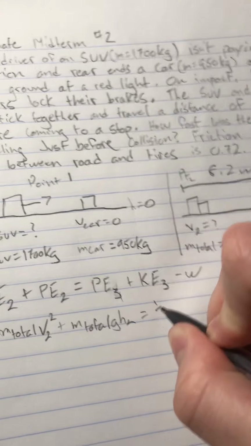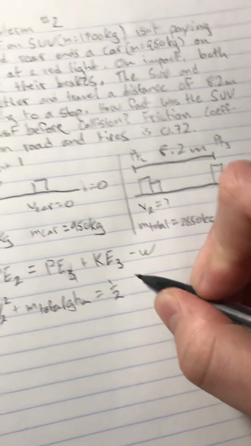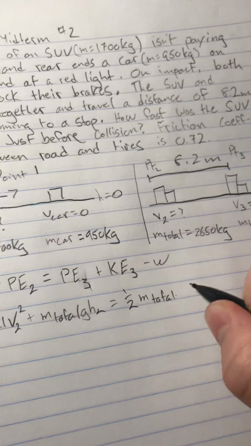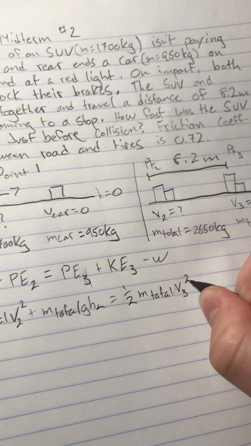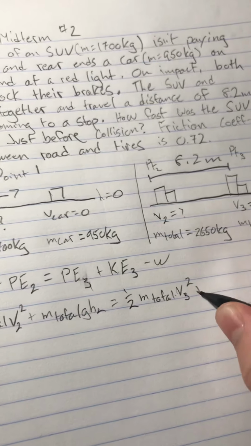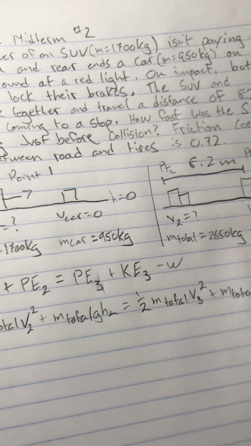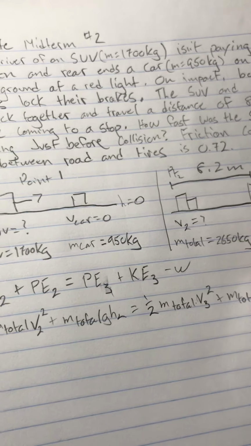So as long as 1/2 M total velocity at point 3 squared plus M total gH minus the weight.